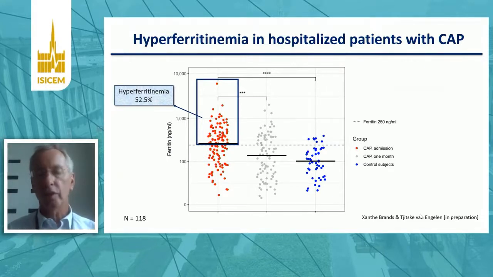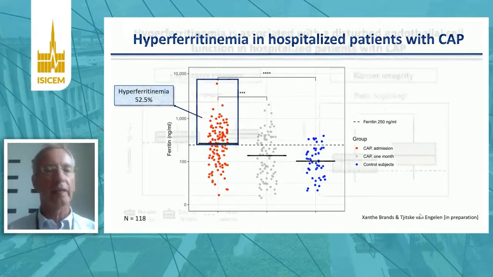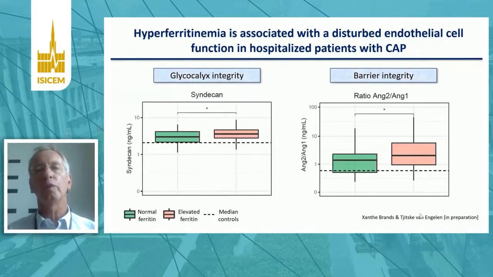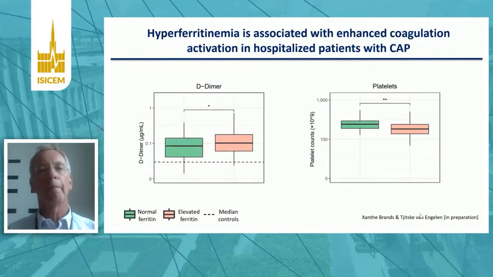And also in this less severely ill population, modestly elevated ferritin levels are associated with a disturbed endothelial cell function, again as measured by Syndecan and angiopoietin-2-1 ratio, glycocalyx integrity, and barrier integrity. These patients also had more extensive coagulation activation, as indicated by D-dimer levels and platelets. So ferritin, not only these very high ferritin levels indicating macrophage activation-like syndrome, but also modestly elevated ferritin levels may be of value in identifying patients with a more disturbed procoagulant response.